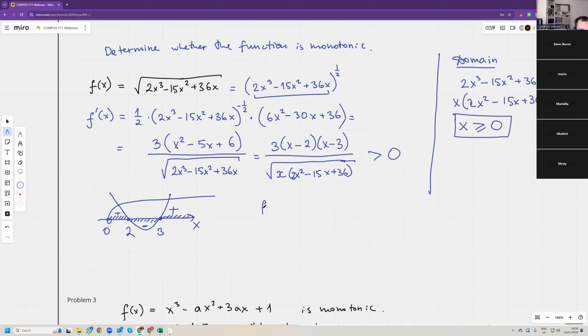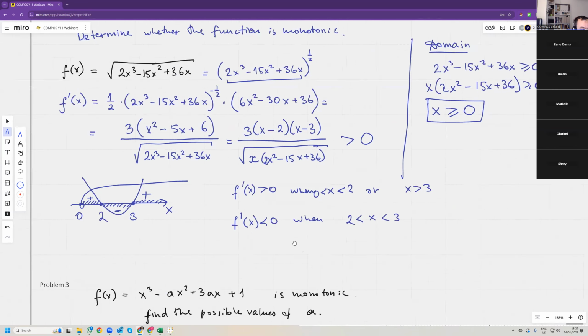So the first derivative is positive when x is less than 2 and greater than 0, or when x is greater than 3. And this first derivative is negative when x is between 3 and 2.